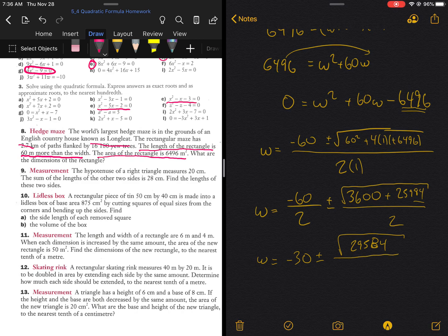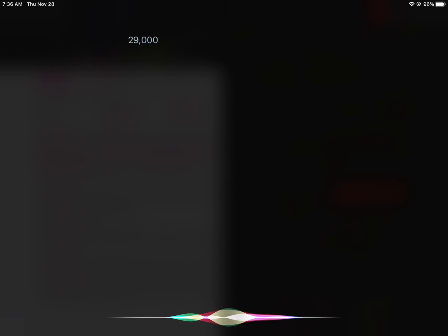Ooh, I gave the wrong value, so this is 29,584. Anyway, just do this in your calculator and you'll see that that is the correct answer.